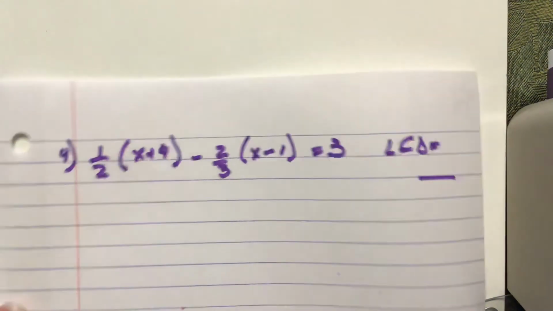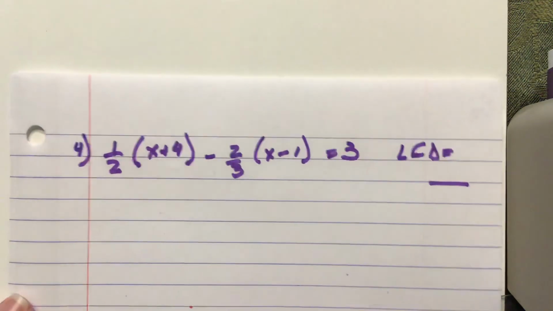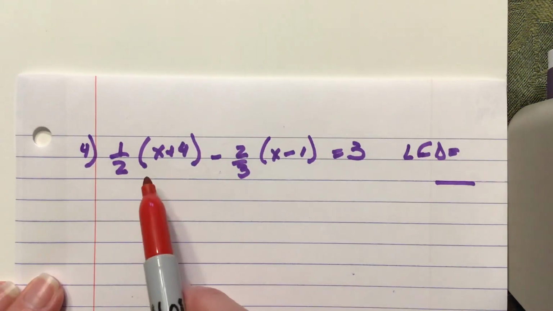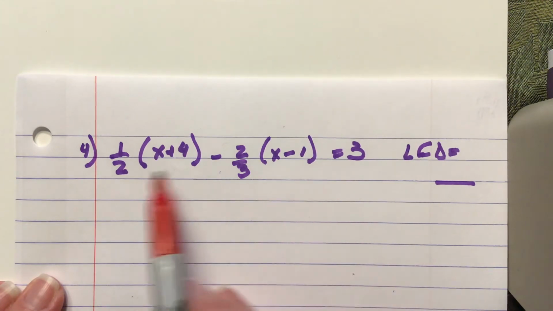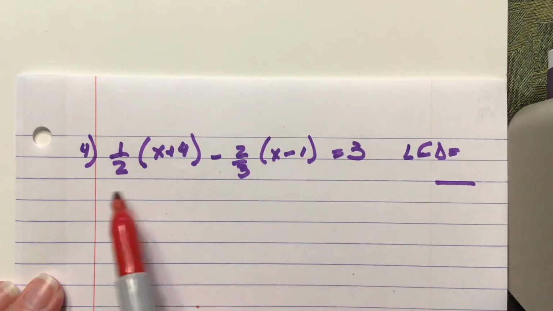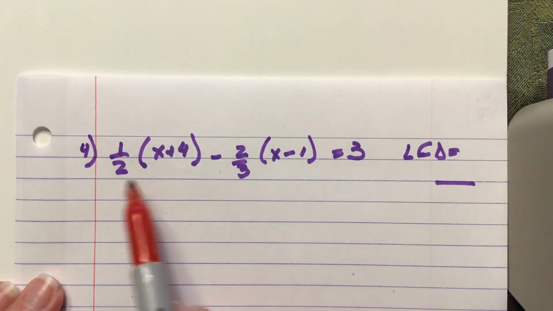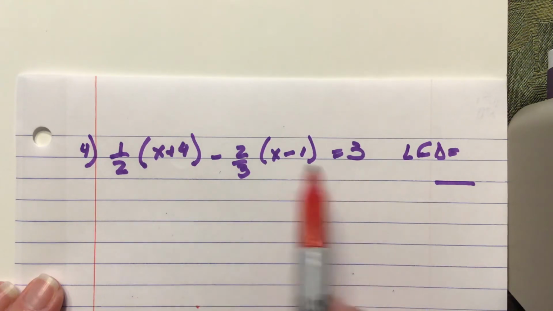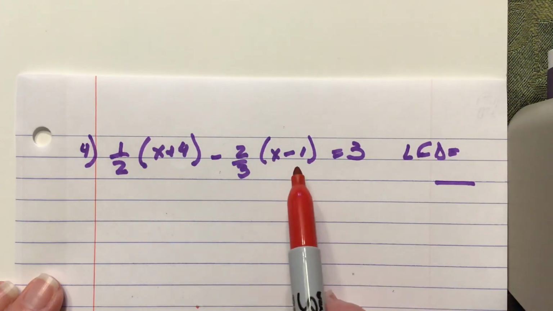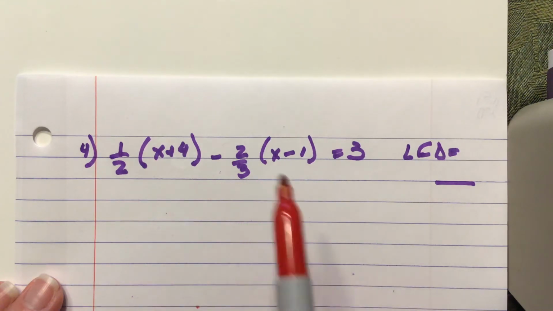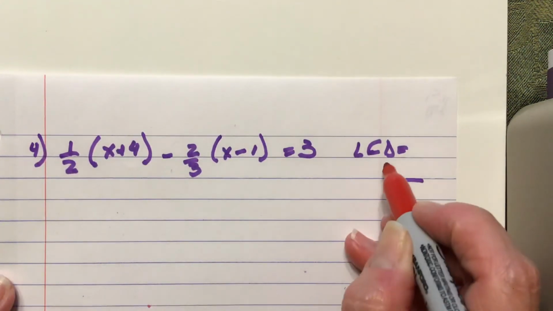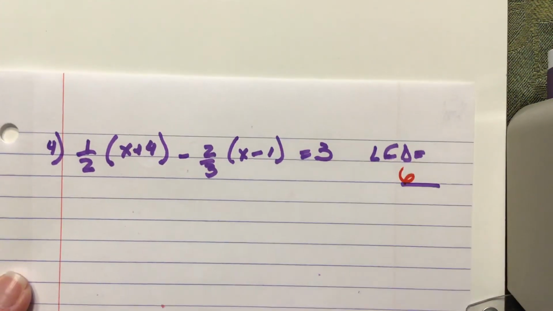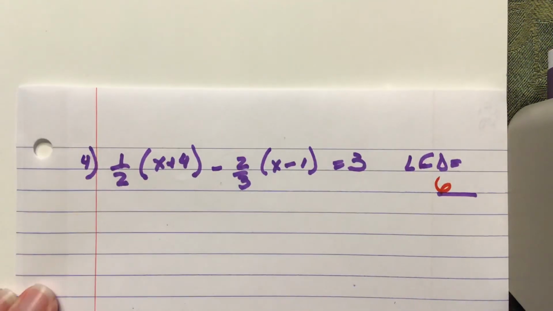So here I have the fractions outside the parenthesis. So I'm just going to look at the fraction. I'm not going to distribute that just yet. Let's see if I can get rid of those fractions. So I have 1/2 and 2/3 multiplied by different expressions there. So my fractions 1/2 and 2/3, the least common denominator would be 6. So I'm going to multiply everything by 6.